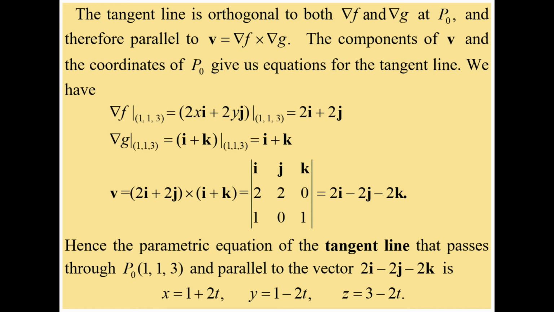If you take the cross product of those two vectors, we will get another vector, and that vector will be parallel to the tangent line. Hence, the equation of the tangent line at the point on the ellipse is obtained as follows.